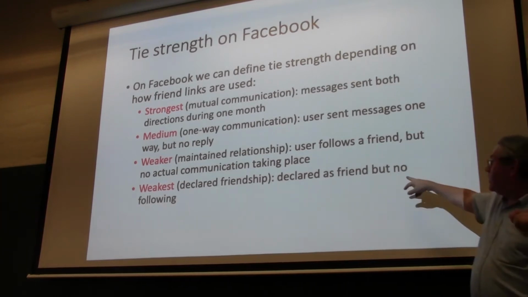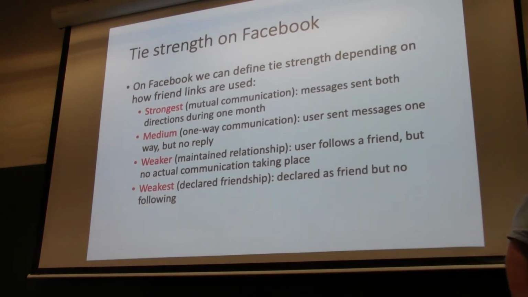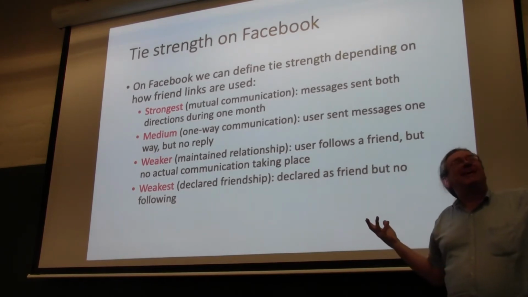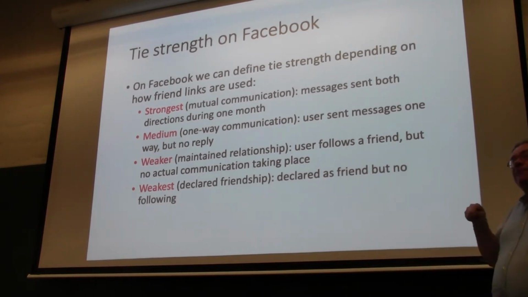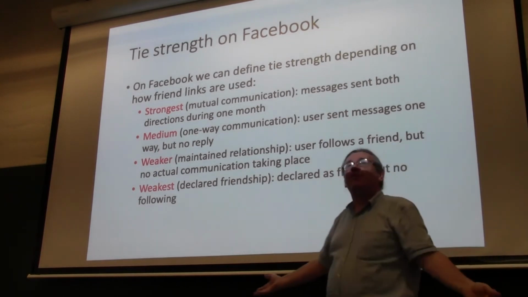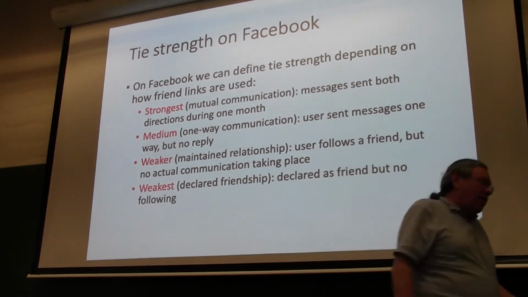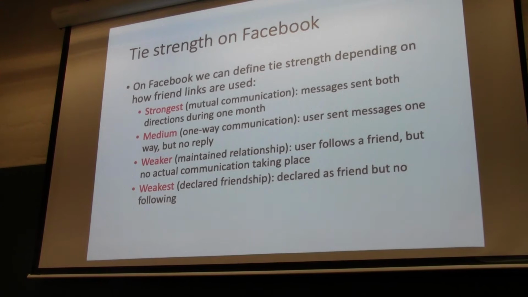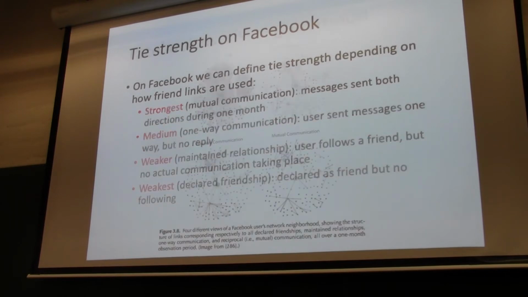And the really weakest is you declare someone as a friend, but nobody is looking at the guy. It's just declared. I have declared 10 million friends, but nobody is looking at my homepage. There are still 10 million friends, right? But that's very weak. So you can see, you can define the strength in Facebook, stronger or weaker.